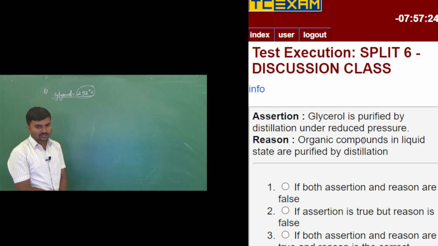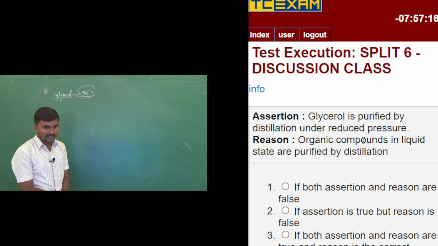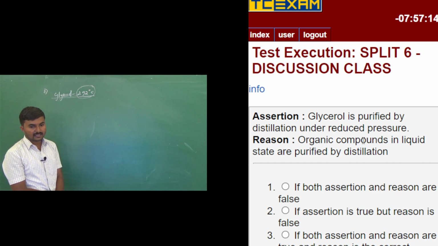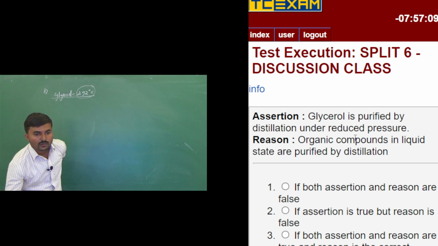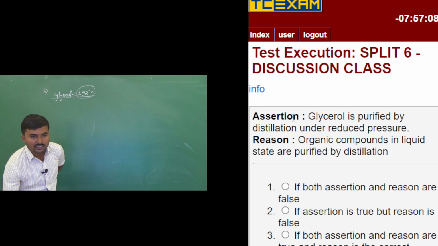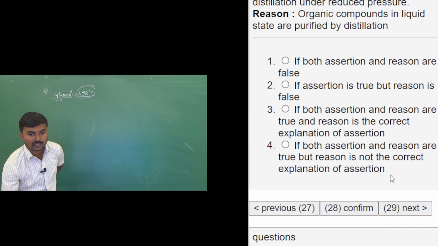If both assertion and reason are true and the reason is the correct explanation for assertion, that is also wrong. If both assertion and reason are true but the reason is not the correct explanation for the assertion, yes, that is correct. The assertion statement is correct and the reason statement is also correct, but the reason is not the correct explanation for the assertion. So option 4 is correct for this particular question.